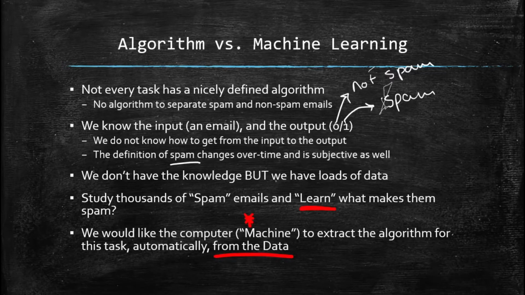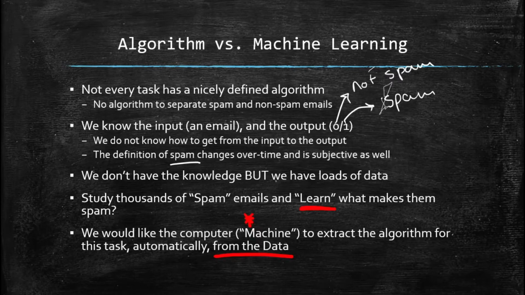So pay attention. We don't have that algorithm. We don't know the set of instructions to do this task. But machine learning says, give me all that data. I will learn how to do this. I will learn the features, the patterns inside those emails, and I will extract that unknown algorithm for you automatically.